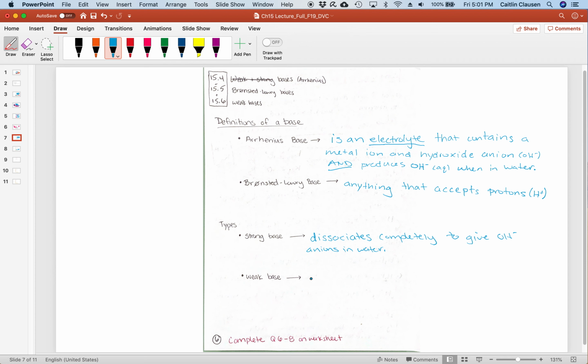While a weak base only partially dissociates. Pause the video and tell me, if you haven't already, what the chemical equilibrium constant for a strong base might look like versus a weak base.